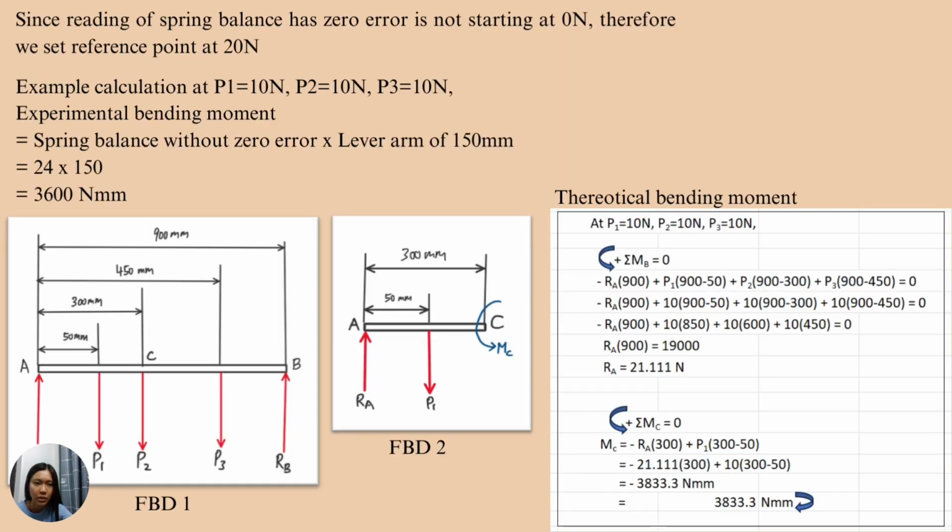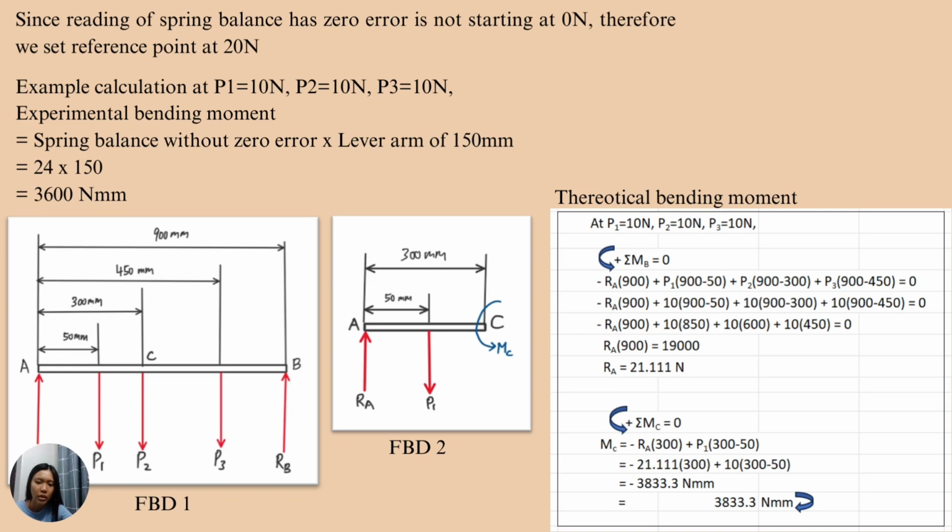The experimental bending moment is the spring balance reading without zero error times the lever arm of 150 millimeter, which is 24 times 150 equals 3600 Newton millimeter.